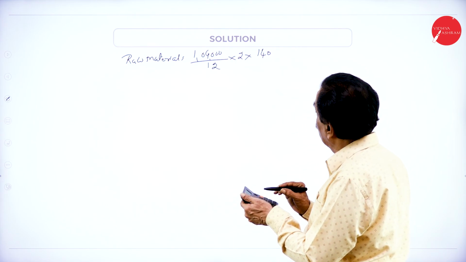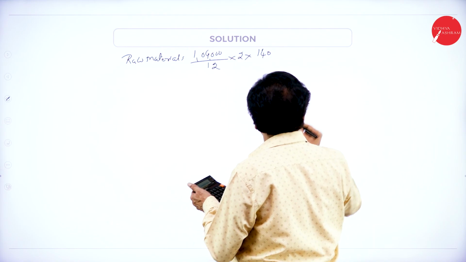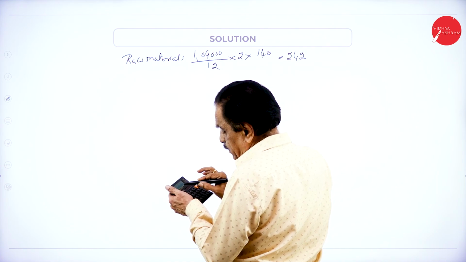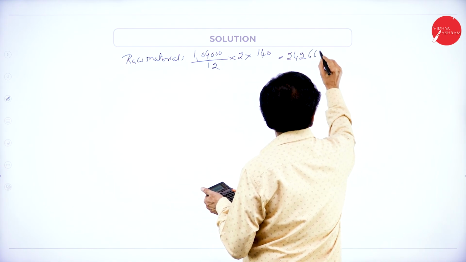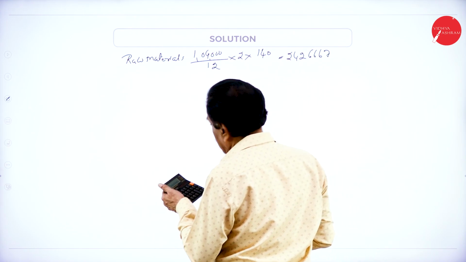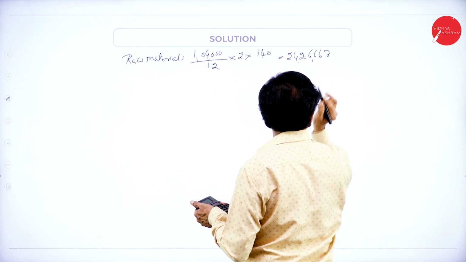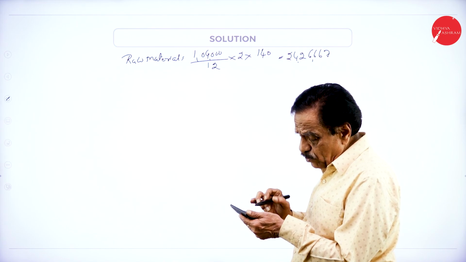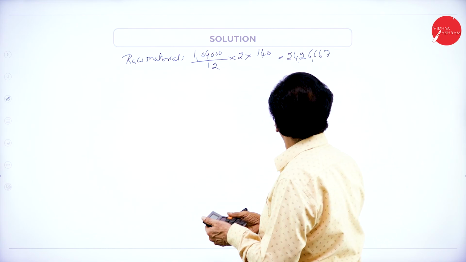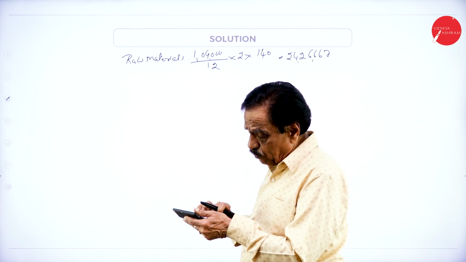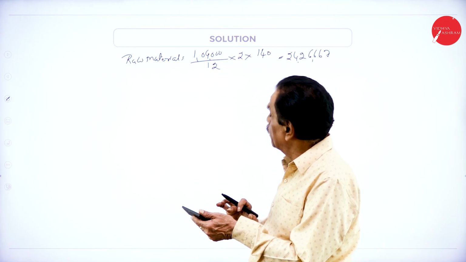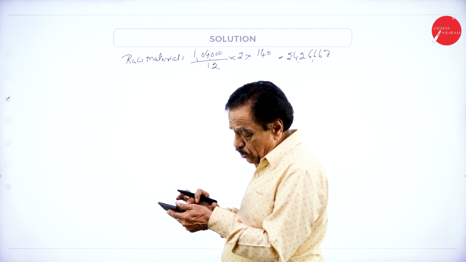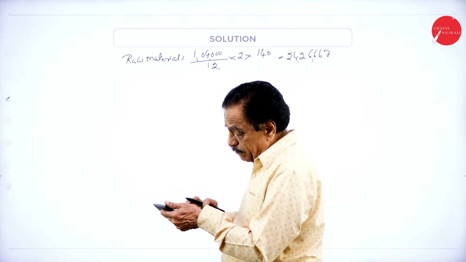So 24 lakh 26,667. We'll go once again. 1,04,000 divided by 12 into 2 into 140.